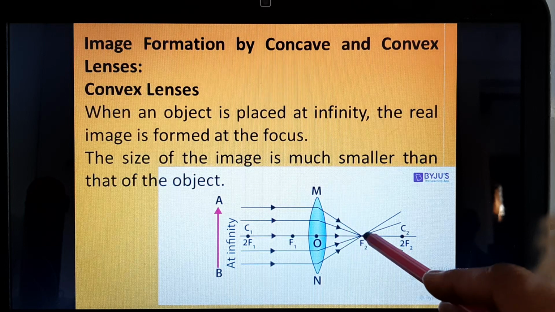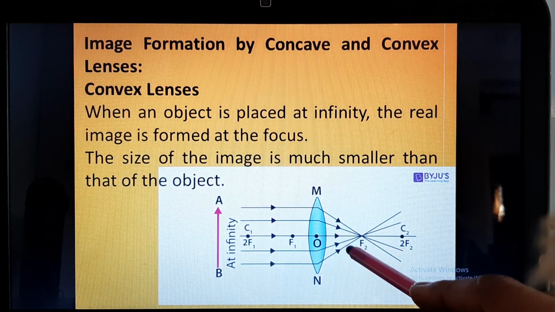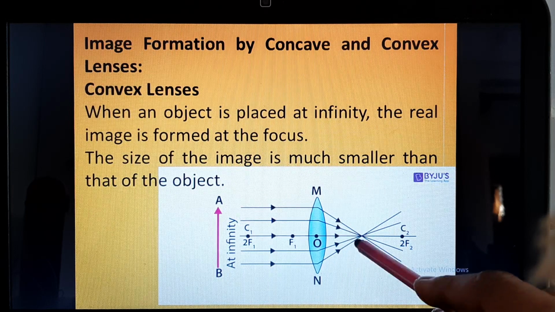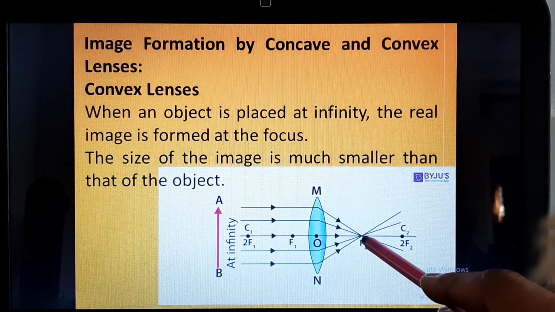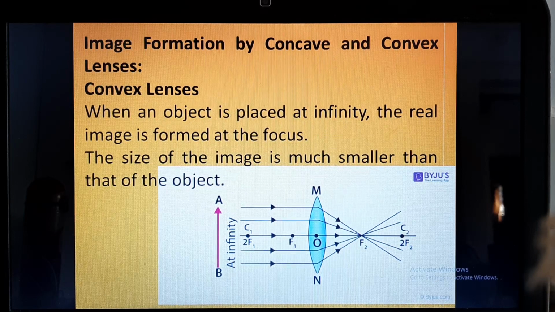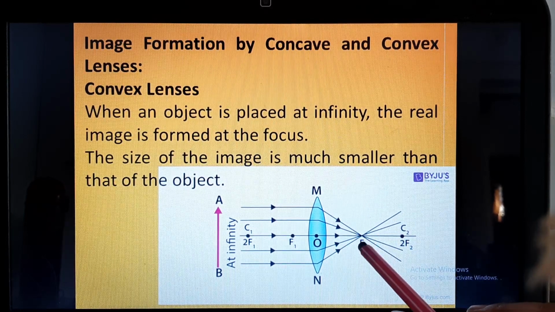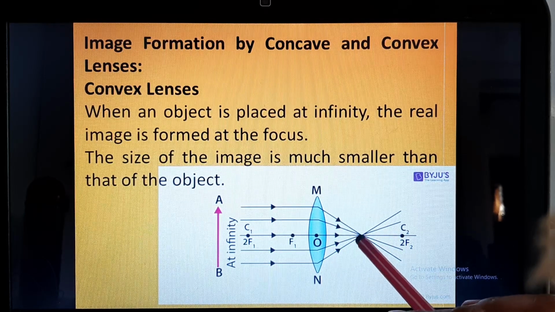The rays are bending inwards, focusing, and the image will be formed at the point where the refracting rays meet. Here they are meeting and the image is formed. You can see this image is much smaller than the object, and the image is real. Why is it real? Because all the rays are actually meeting, not just appearing to meet.